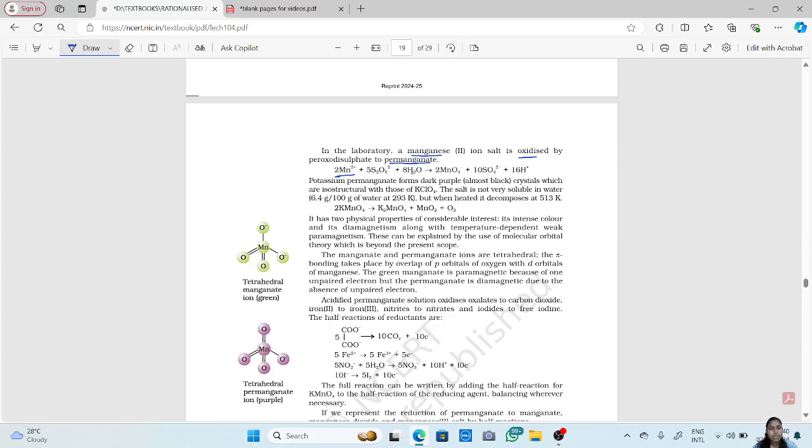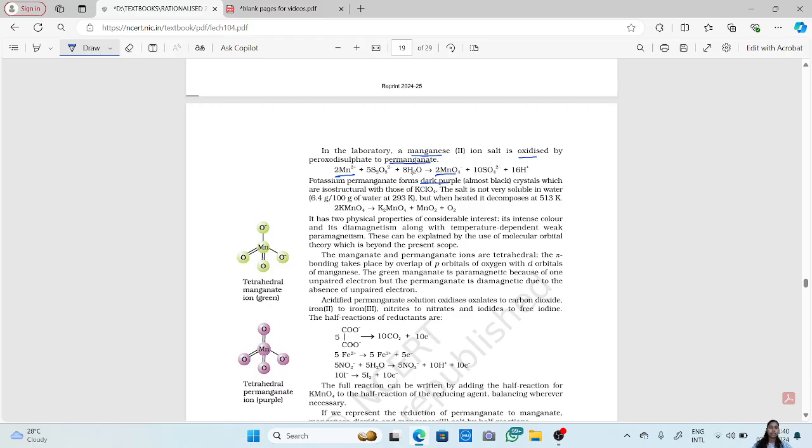So here you take Mn2+ ion using H2S2O8, which is the peroxodisulfate, and in presence of water you get permanganate.